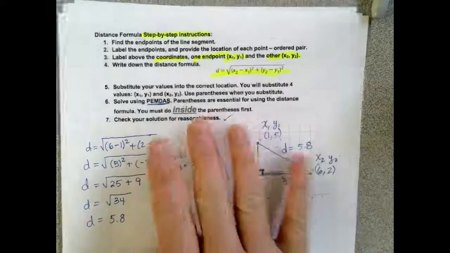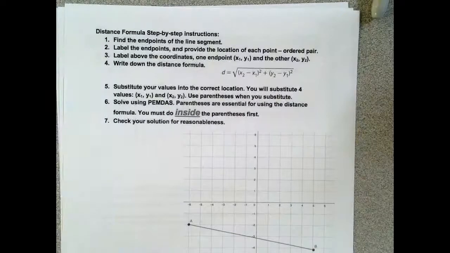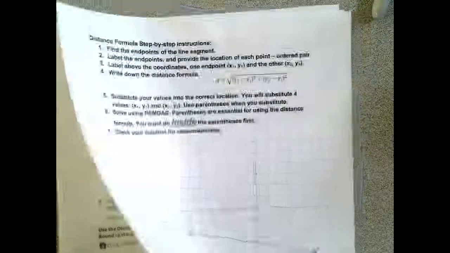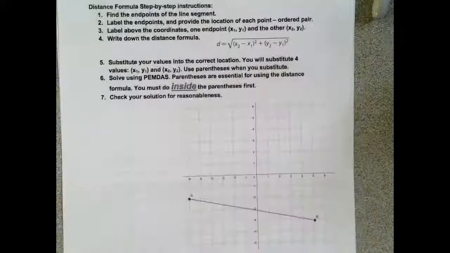So you want to follow the example that you just did to do this one on your own, and then you're going to be turning that in. And you have a homework that you could also be working on. So good luck.